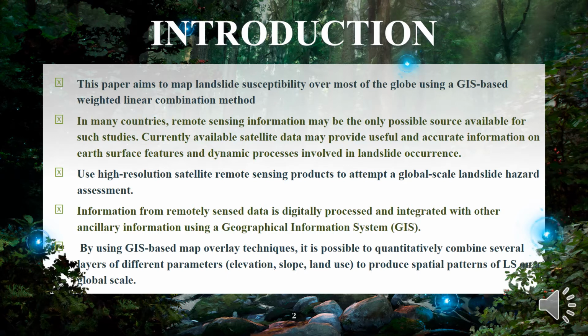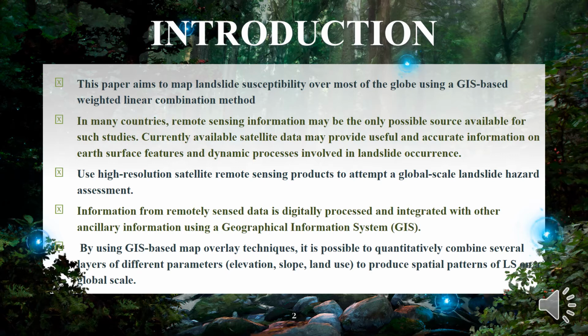In many countries, remote sensing information may be the only possible source available for such studies. Currently, available satellite data may provide useful and accurate information on Earth surface features and dynamic processes involved in landslide occurrence. The use of high-resolution satellite remote sensing products to attempt a global-scale landslide hazard assessment.